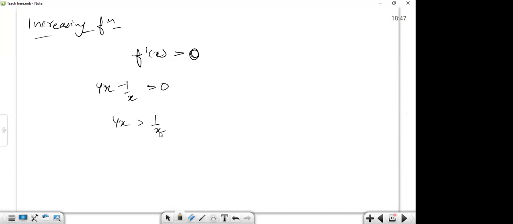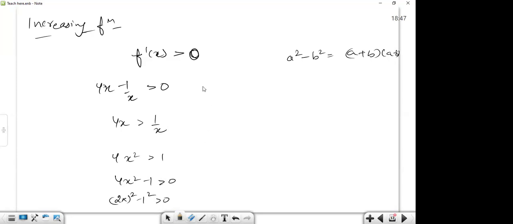Let's bring the x up, then 4x square minus 1. We have this algebraic identity, a square minus b square is equal to a plus b into a minus b, right? So we can write it as 2x square minus 1 square.